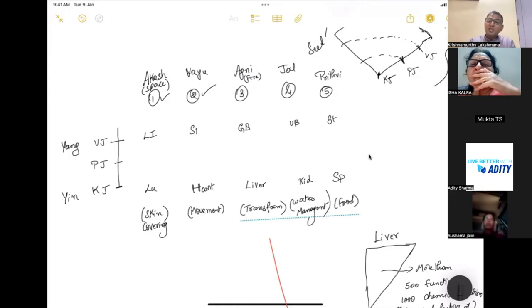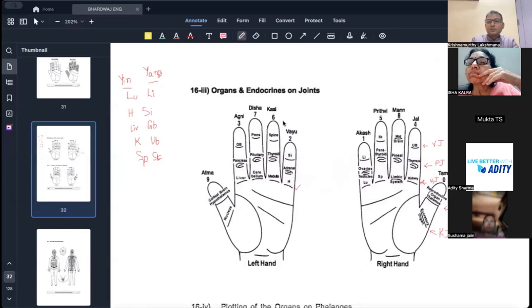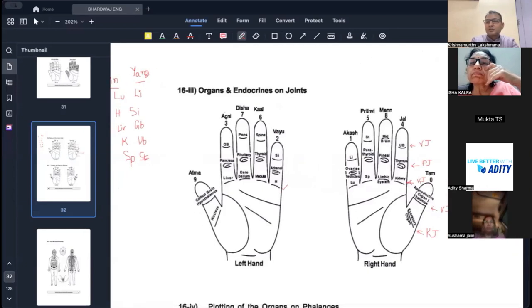Then what about 6 to 9 and 0? We will try to understand that. So we are done with finger number 1, finger number 2, Vayu, 3 Akash, Agni, finger number 4, and finger number 5.